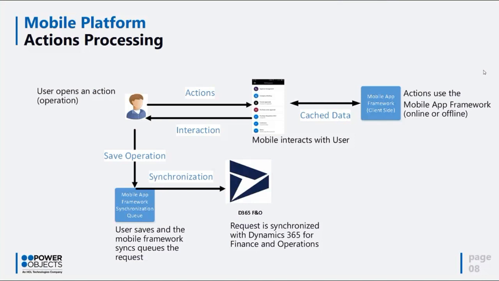So let's say I'm adding that customer and I hit the submit button. That gets queued up. I don't have to wait for that operation to finish before I could do something else. So I could then move on to another activity like maybe creating and submitting an expense report.